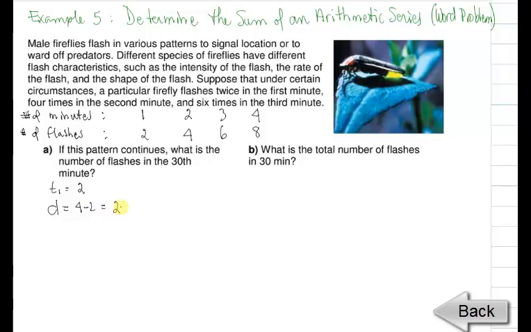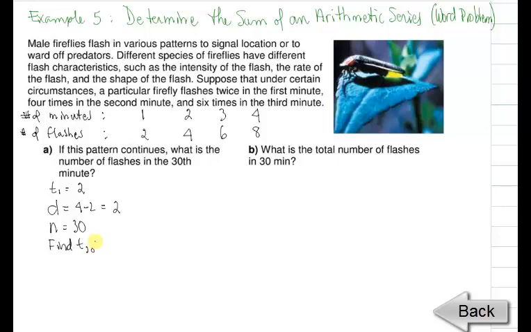And because we want to find t30, that must mean that n must be 30, because we want the number of flashes on the 30th minute.